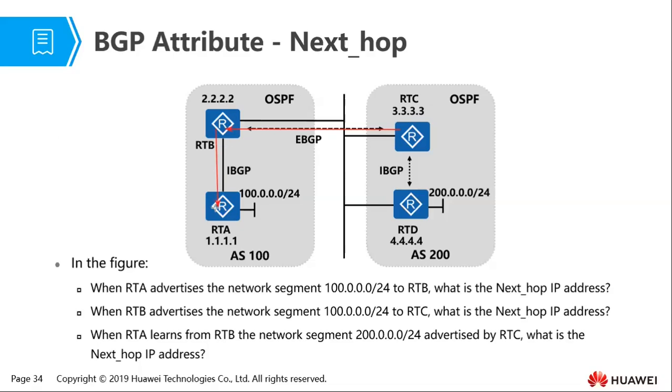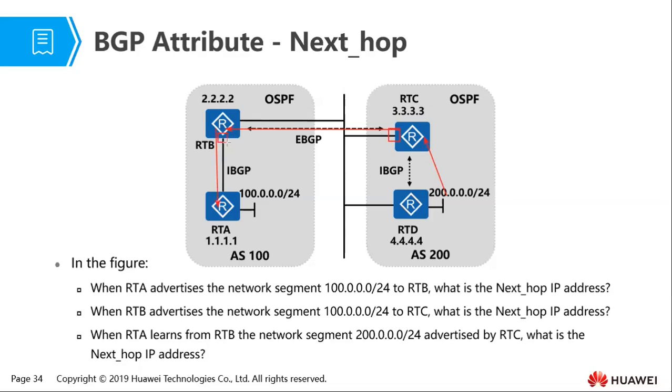The next hop remains the same. So when RTC advertises this route to RTB, the next hop is this interface. And when RTB advertises it to RTA, the next hop remains as this interface. It does not change to this interface.